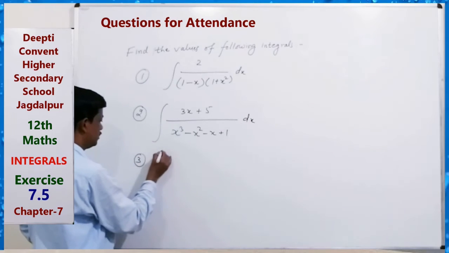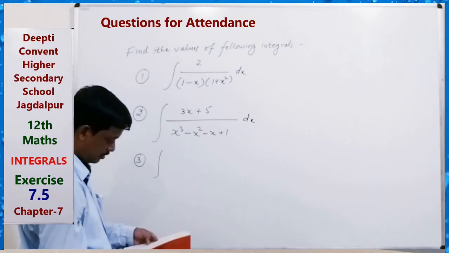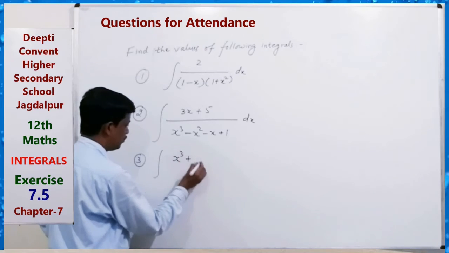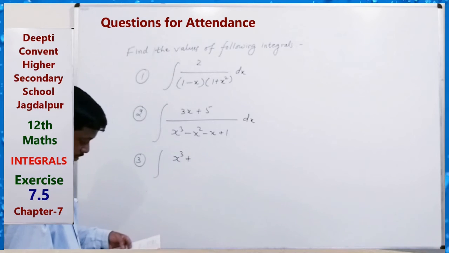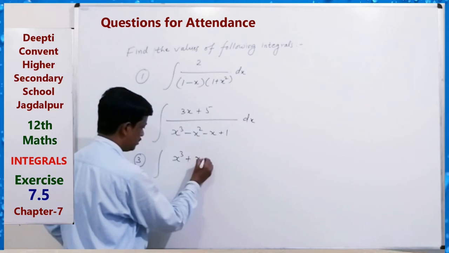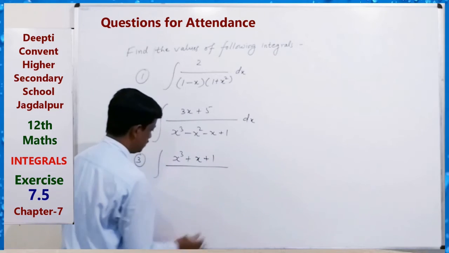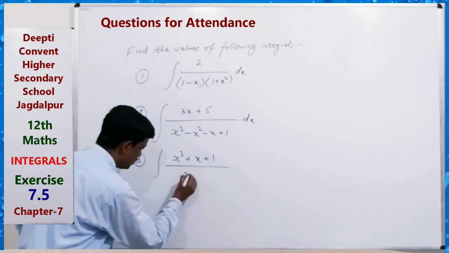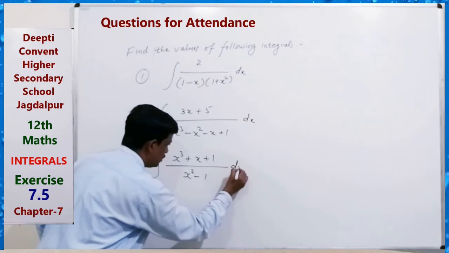Third: x cube plus x plus 1 upon (x square minus 1) dx.